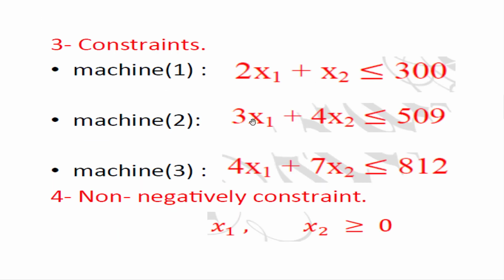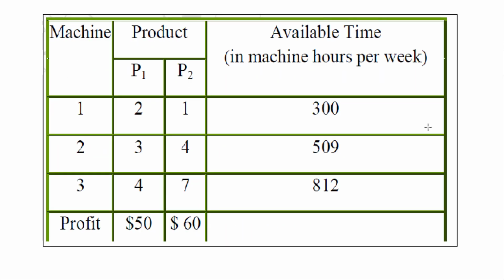The second constraint, for machine 2, is 3x1 plus 4x2 less than or equal to 509.